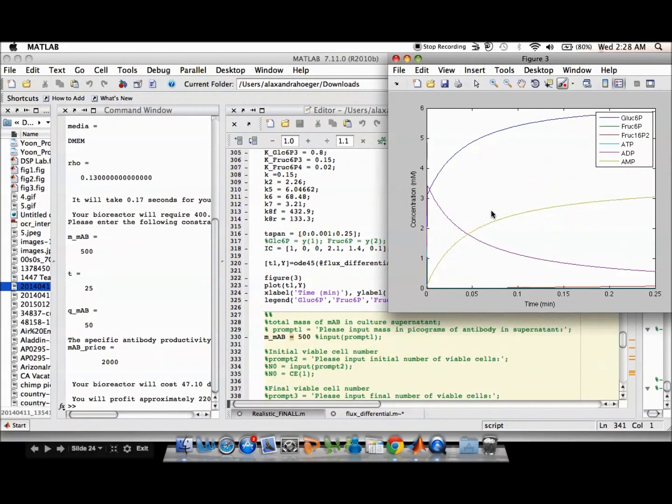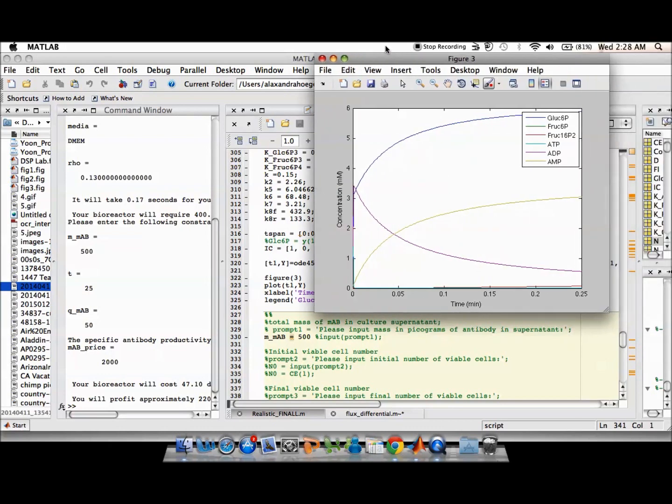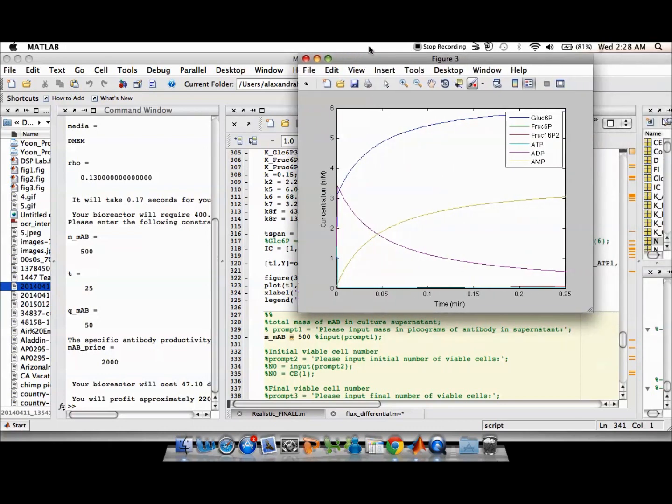which we have here. As you can see, glucose 6-phosphate immediately shoots up, as we would expect. That's the fastest reaction, the one that's going to produce the most, because we do have that forward reaction and the equilibrium reaction, if you recall.